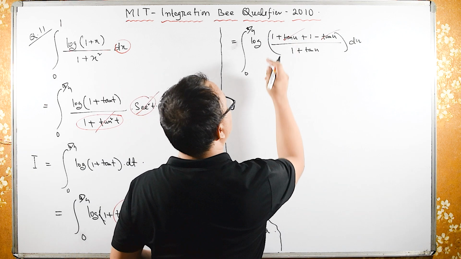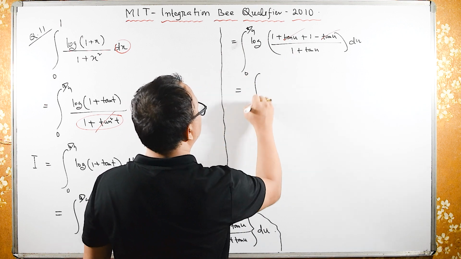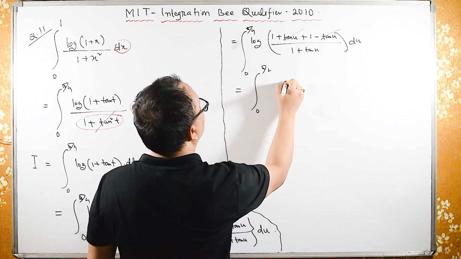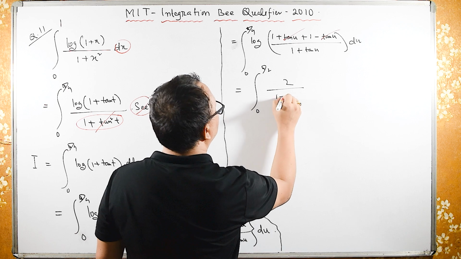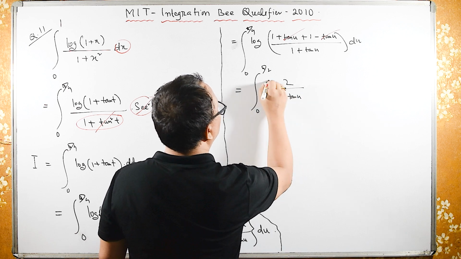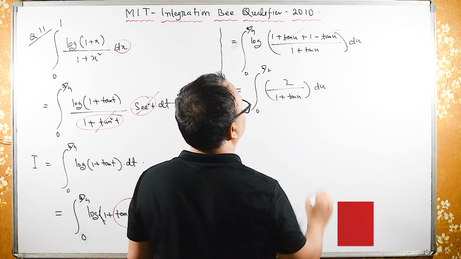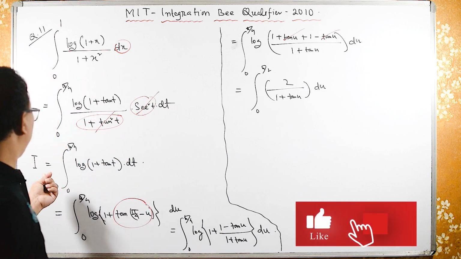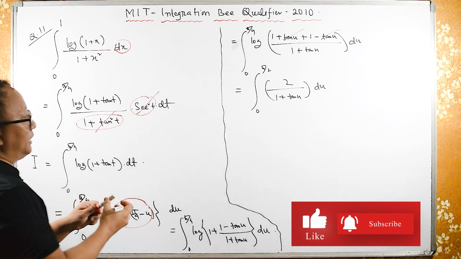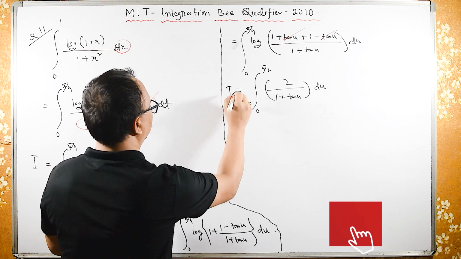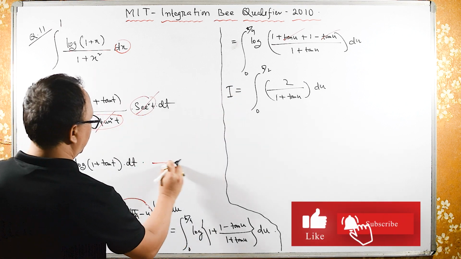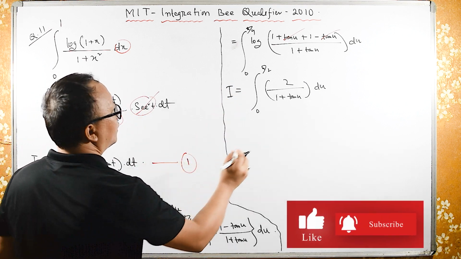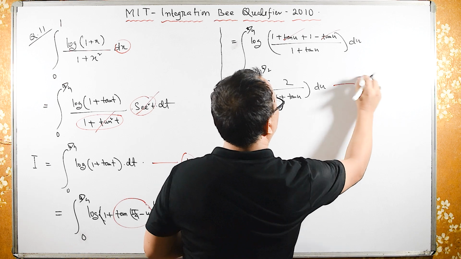Here 1 plus 1 is 2. So what we have is the integral 0 to pi by 4 of log of 2 upon (1 plus tan u) into du. Now we have I over here. Let's call the first one equation 1, and this one equation number 2.